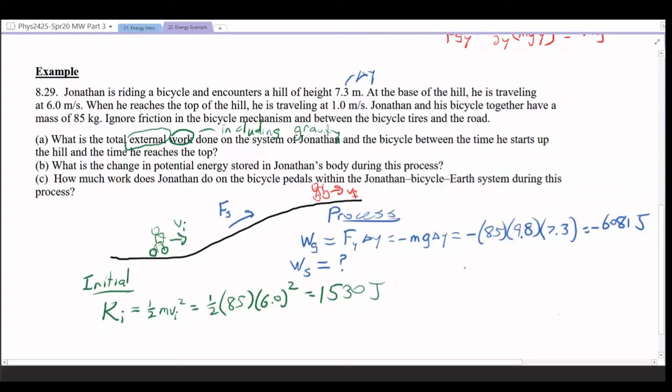Now we can think about the final. K final is equal to 1/2 m v final squared, is 1/2 times 85 times 1.0 squared. So this is half of 85, is 42.5 joules.